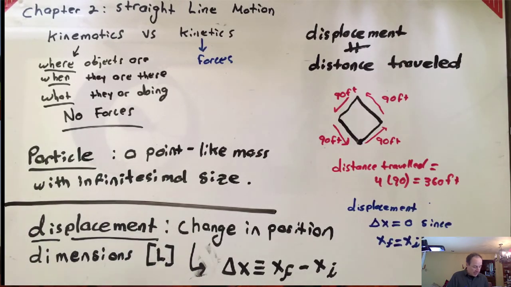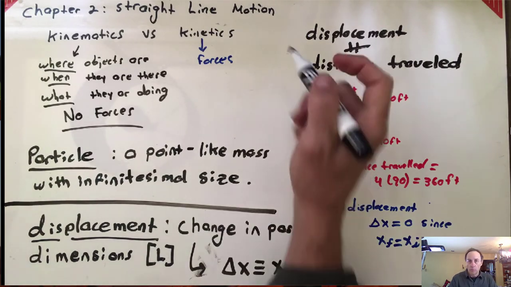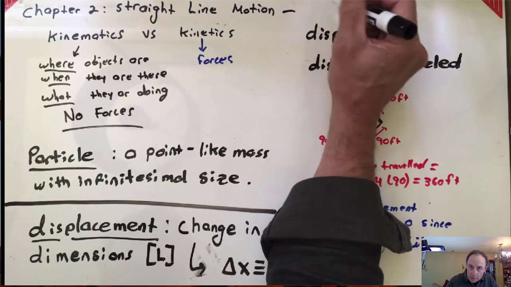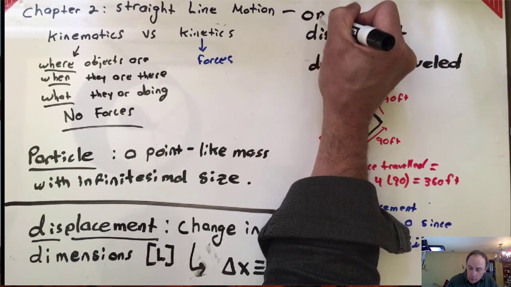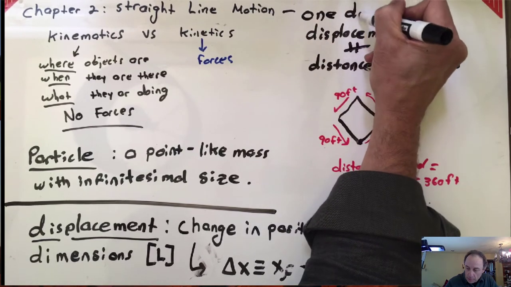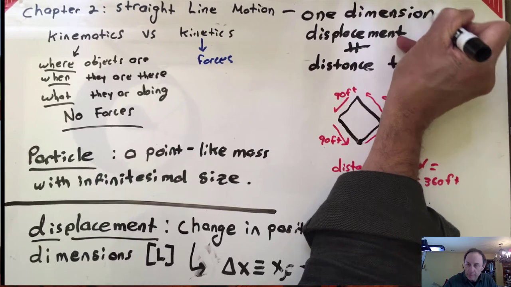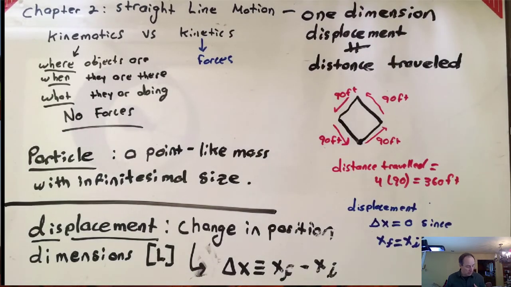All right, so just one more note here. Straight line motion means one dimension. So like along a number line. Okay, so for now we're dealing with one-dimensional motion.